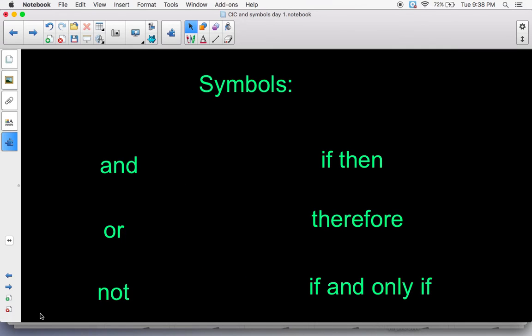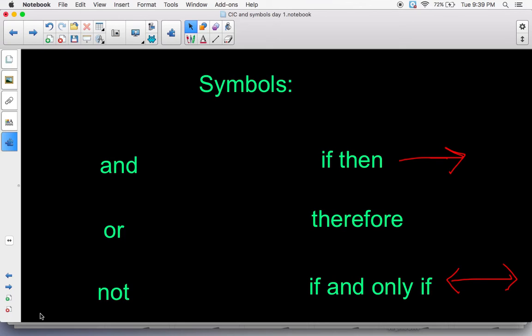Now let's talk about symbols. These words that you see on here have certain symbols for them, and we're going to put them on there. For an if-then statement, it's just an arrow. For a biconditional, if and only if, because it has two ifs, there's an arrow on both sides.